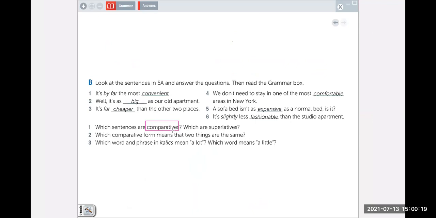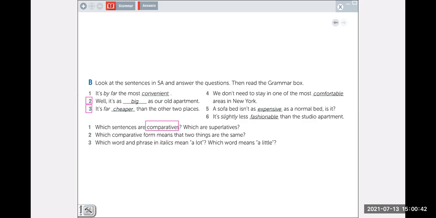Comparative number 3 and superlative 1, 4, and 6. Number 3. Any other comparative? No? 2, 5, and 6. Number 2.